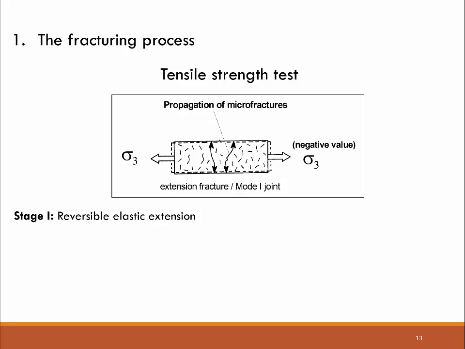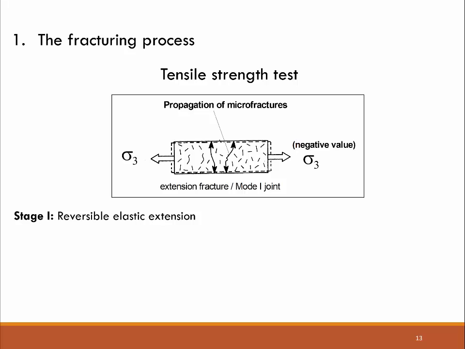The tensile strength is the weakest strength of rocks, and for engineering purposes, this characteristic needs to be known in many cases. The tensile strength test is simply a test on rock specimens with a laterally pulling force.